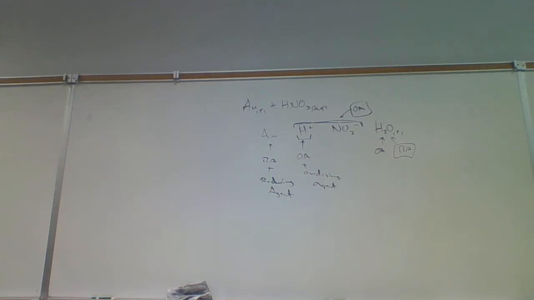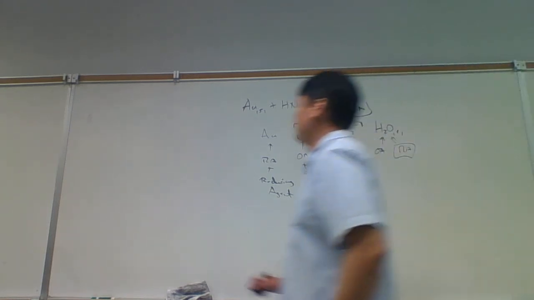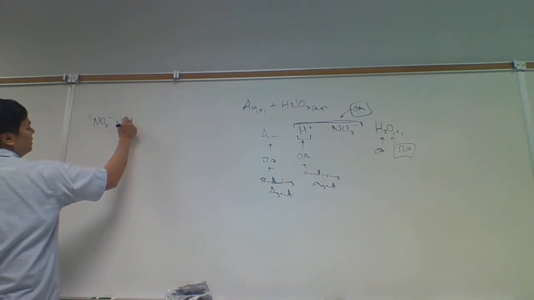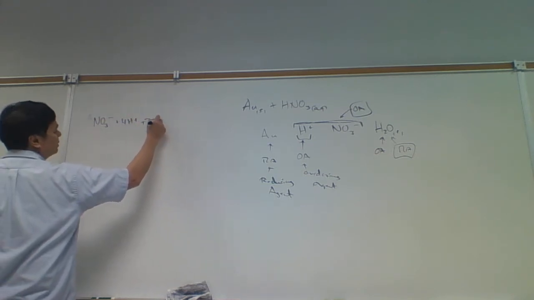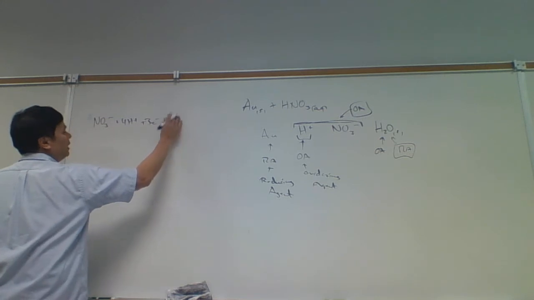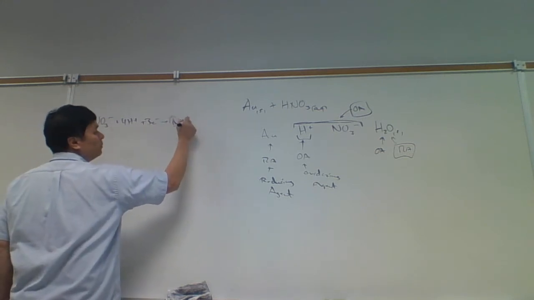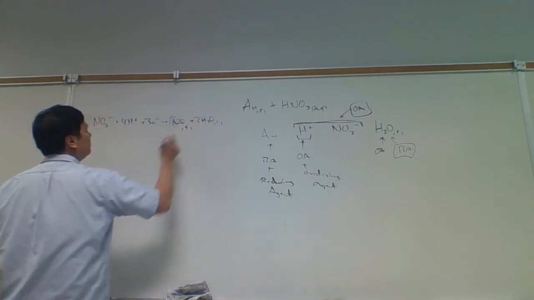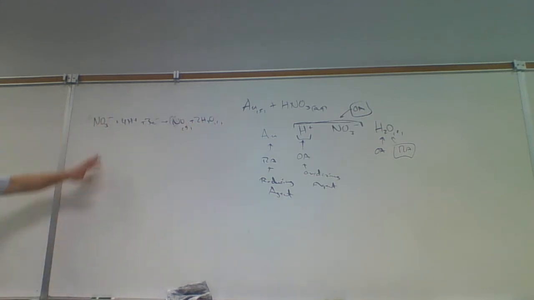Nitrate plus 4H plus 3 electrons. So I just copy that. Nitrate plus 4H plus 3 electrons yields NO plus 2H2O liquid. That was gas. Sometimes I'll leave AQ off, just to save.